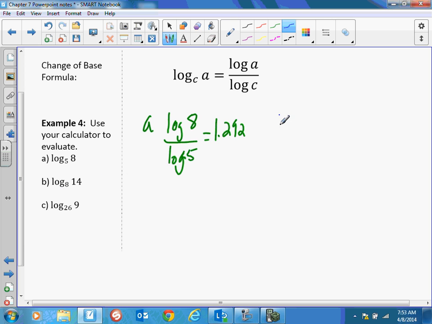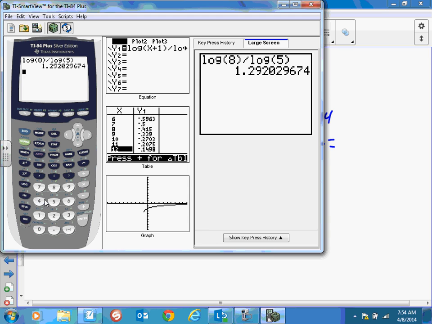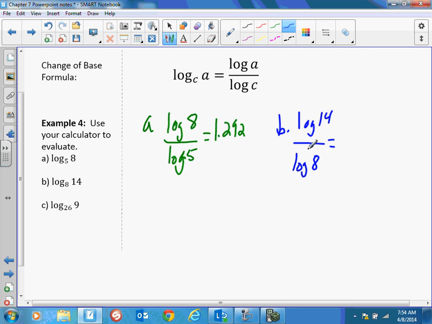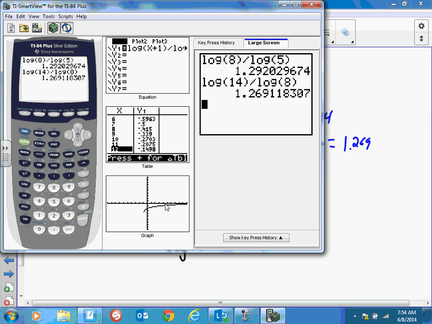Okay, same thing on B. Do log 14 divided by log 8, which equals 1.269. And the last one, do log 9 divided by log 26. This gives you 0.674.